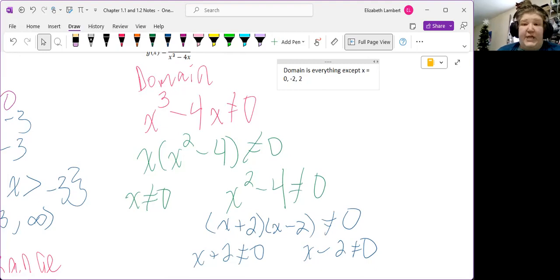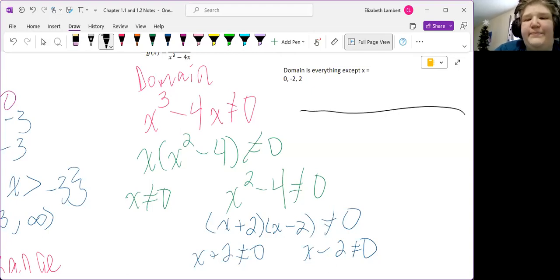In interval notation, that's going to be a little more tedious. What I like to do for my interval notation is draw a number line, sketch it in, and then use the number line to produce the intervals. That way everything's in order. It just seems to go a little better in my head that way.